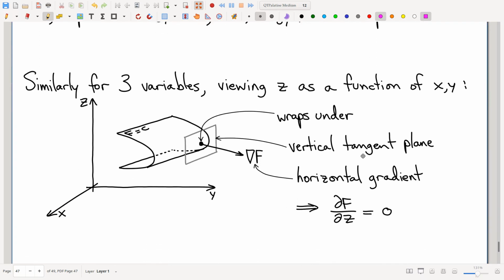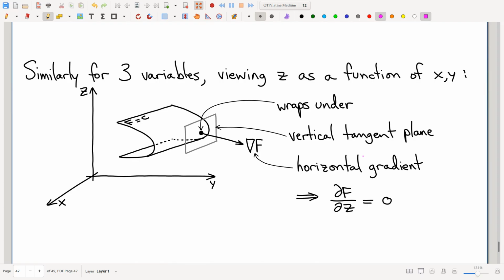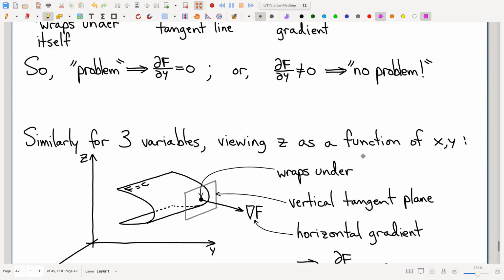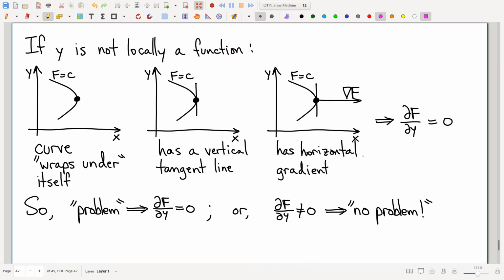Okay, here's a three-dimensional version of it. Oh yeah, question. If the partial derivative with respect to y is 0, does that tell us anything about it? That's a great question. It actually does not. If the y partial is equal to 0, roughly speaking, there's two possibilities. If we were to say, hey, let's assume the y partial is 0, right?